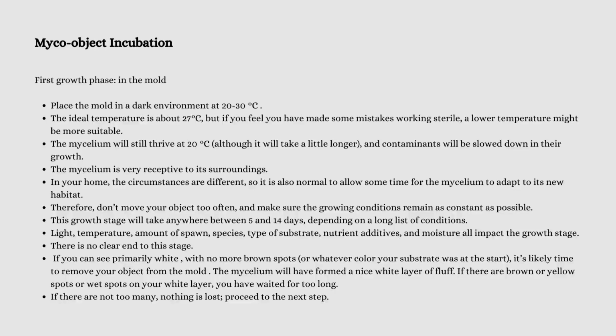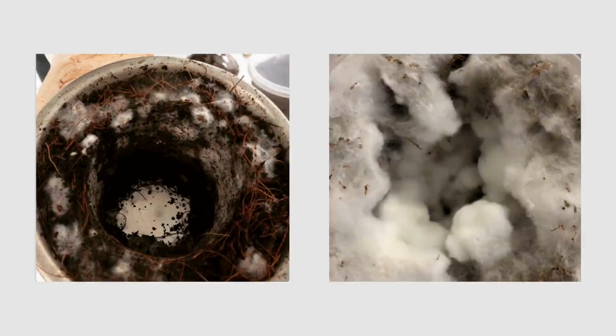Then some secondary metabolites start to show up in those forms, and it's totally fine. It makes a stronger membrane or outer layer, and it's a nice look as well. So it depends on your aesthetics and how resistant you want the outer membrane to be. And this is what that looks like with some coco coir.